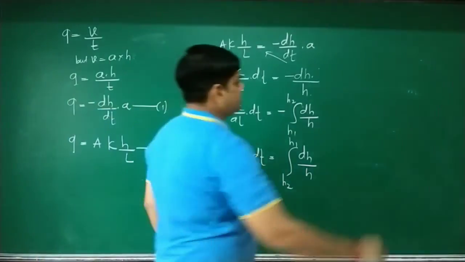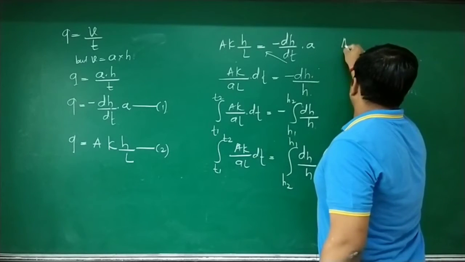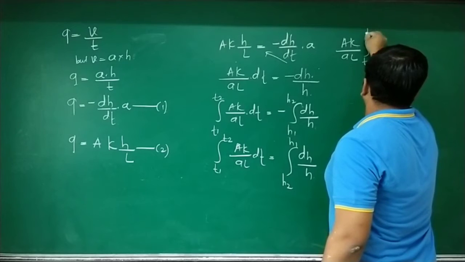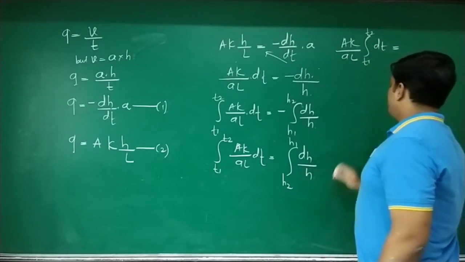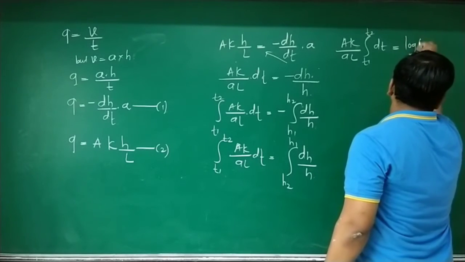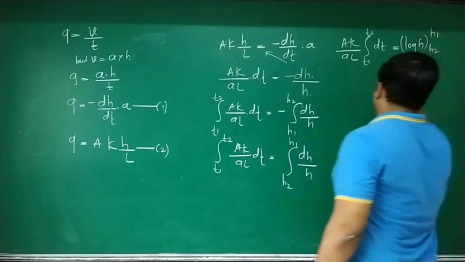Now we will take the integration. So AK by AL goes outside. AK upon AL integration of T1 to T2 dt is equal to integration of dH by H, which becomes what? Log H, limits H2 and H1.